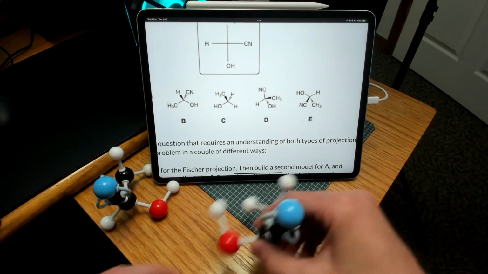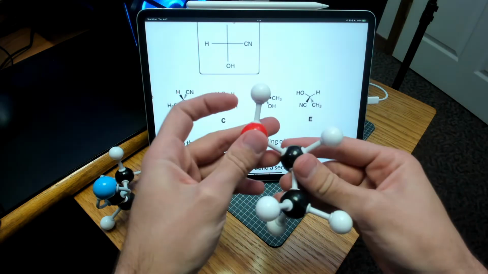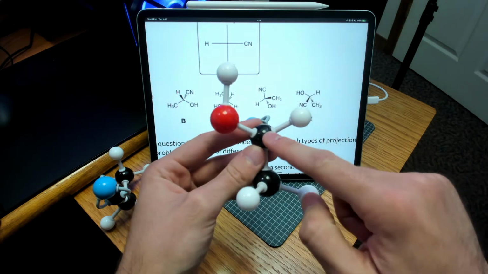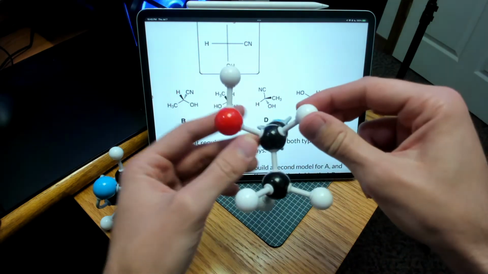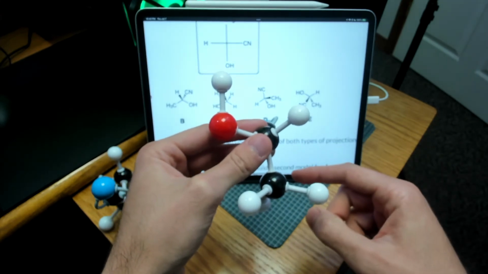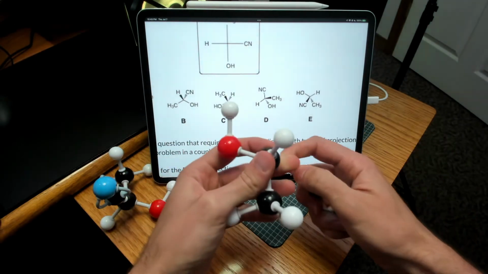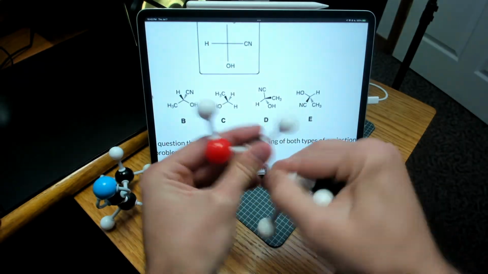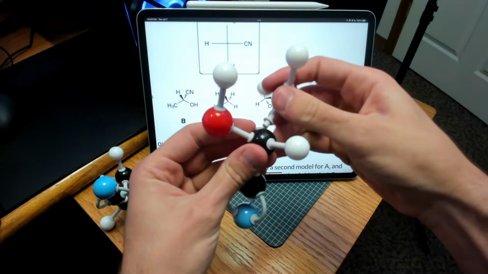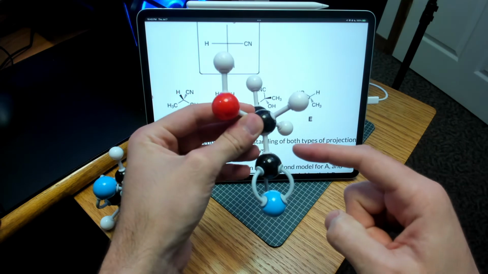The last one we have to do is E. All right, let's take our hydroxyl and our hydrogen and put them in plane. This is our classic Mickey Mouse setup where we have the head of our mouse and the ears here. We want the methyl group coming towards us, and the cyanide coming towards us because you can see the solid wedge. And again, a little clue that we're making a switch here. So in fact, you can see the cyanide coming.